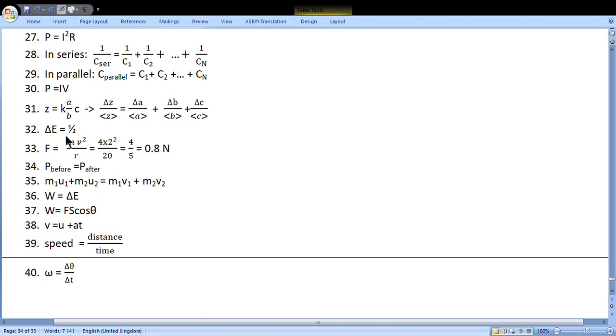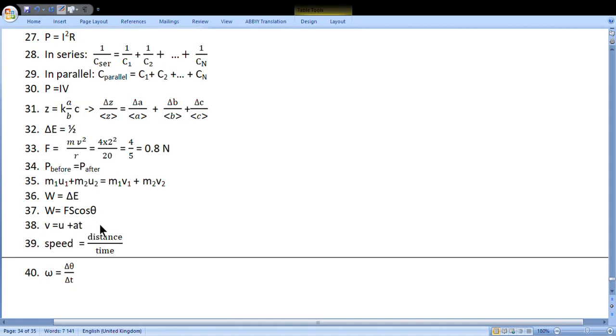Right, so this is centripetal force. This is conservation of momentum. This is another form of conservation of momentum. Work done equals energy change. Work done equals force times displacement times cosine of the angle between these two vectors.